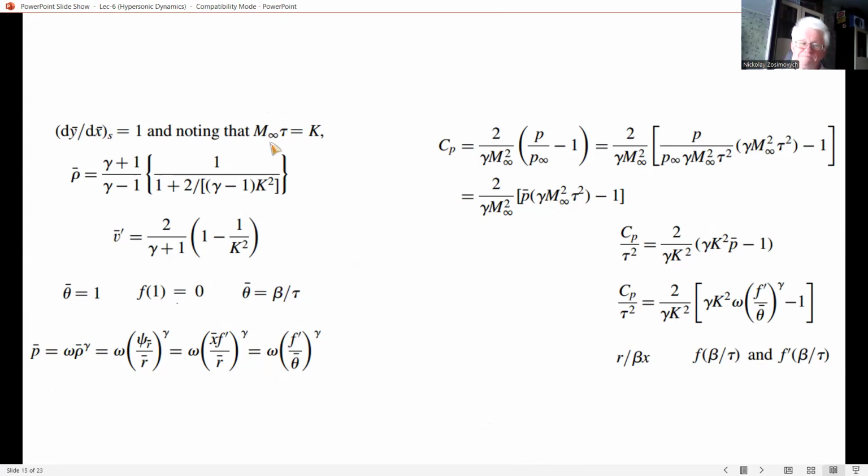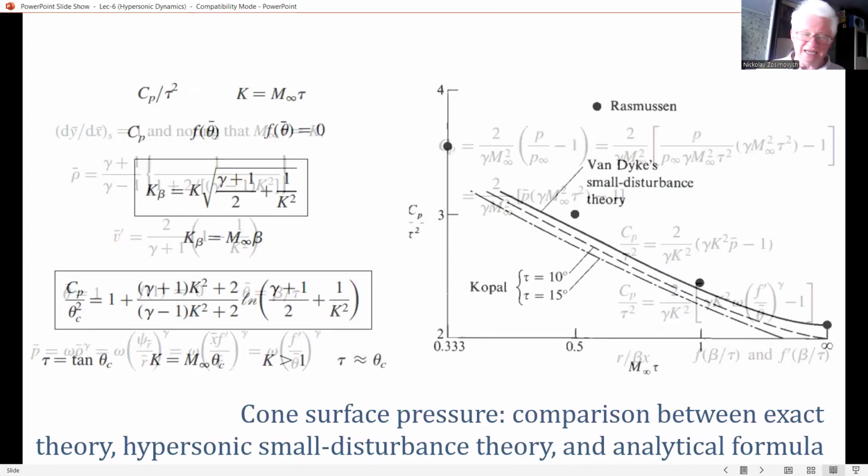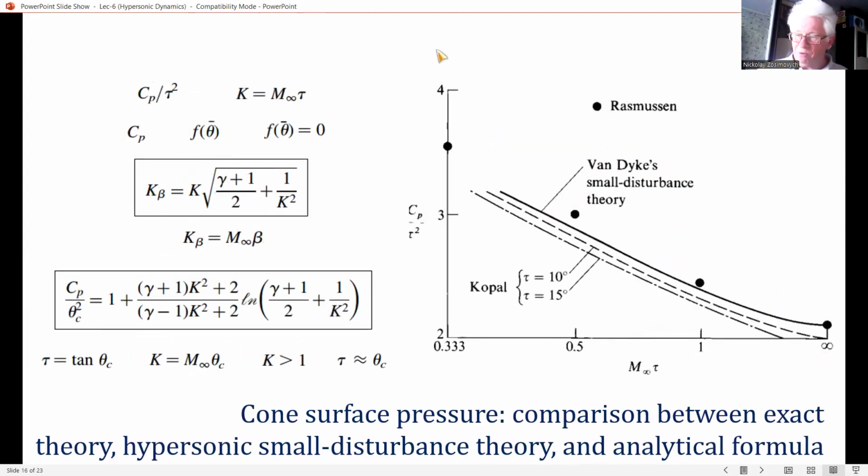Of course, in the final solution, the flow field results are the same, no matter which approach is taken. And this next figure, the diagram on the right part, shows the final result for Cp over tau squared on the surface of the cone.